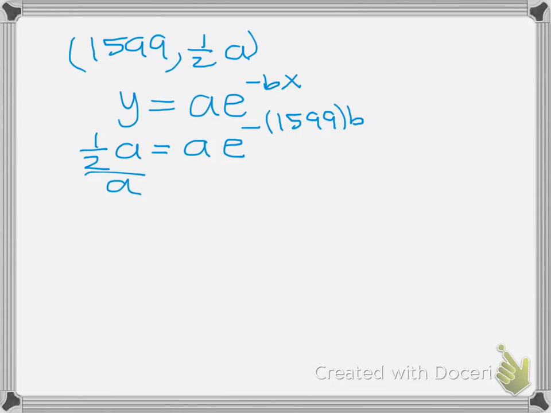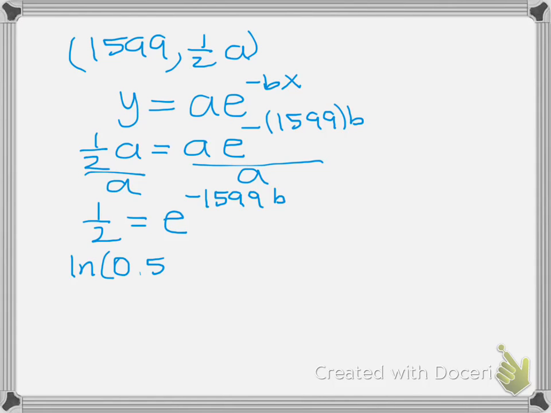Our A's go away, because that's just a constant, and we're left with 1/2 equals e to the negative 1,599 B. And so we take the natural log on both sides.